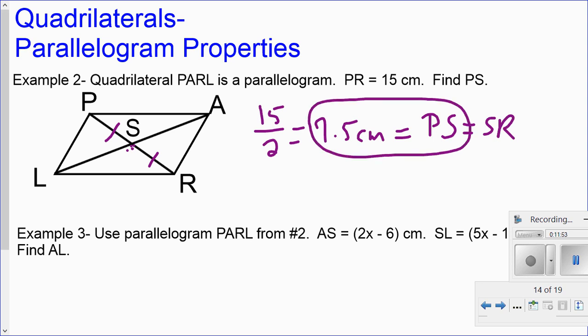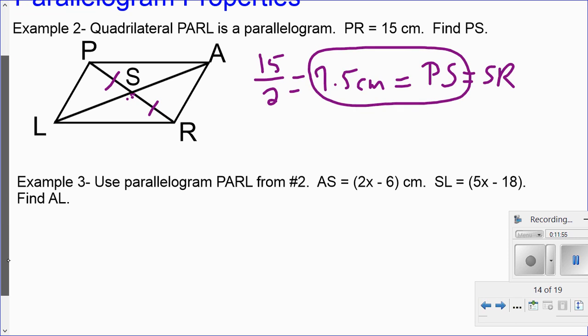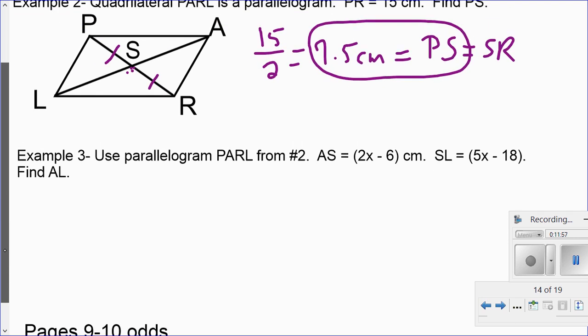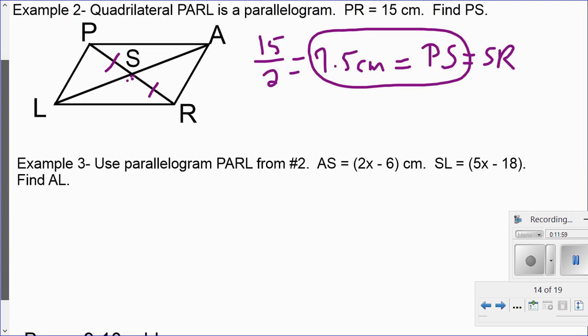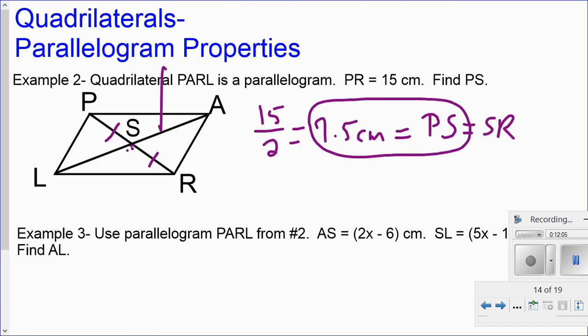Okay. Last example. Now we have the same parallelogram, but we know AS and we know SL. We know that AS and SL are congruent to each other because this is a parallelogram and the diagonals bisect each other.